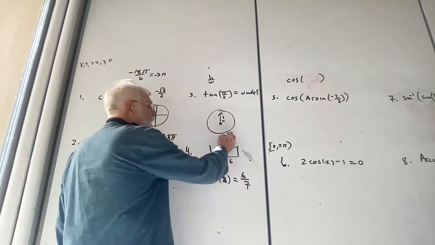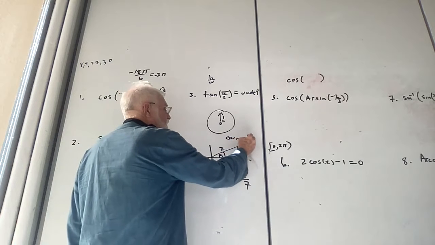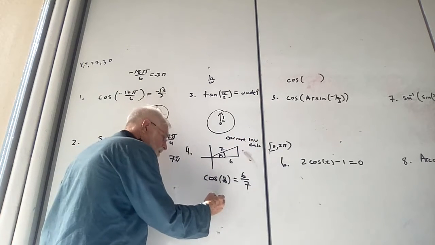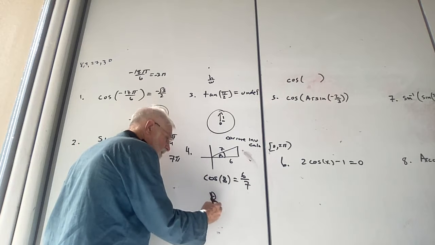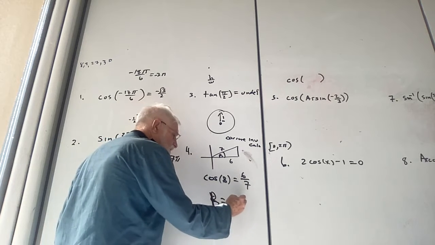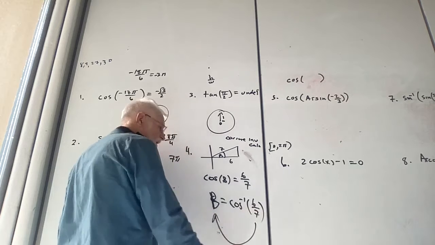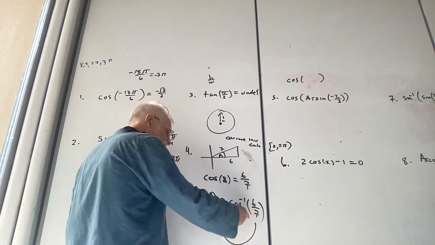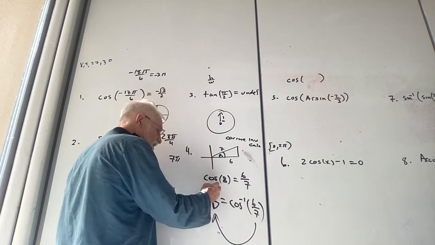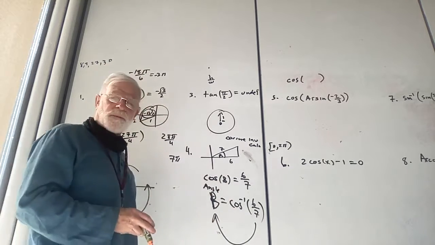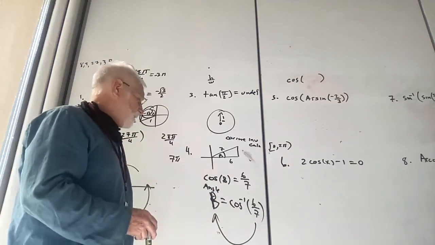I had a cosine inverse calculator open, and the angle B is equal to the inverse cosine of 6/7. So this is a ratio, and that function takes a ratio and gives us this angle. And I think it was around 31 degrees with some decimal place accuracy beyond that, certainly.